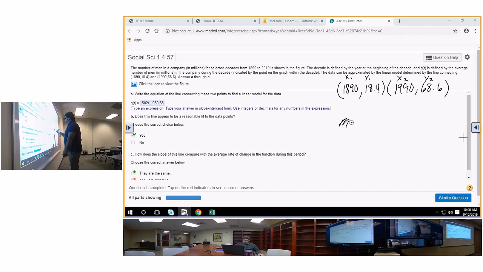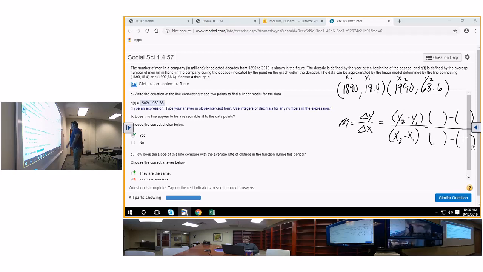M is equal to delta y over delta x, which is equal to y sub 2 minus y sub 1 over x sub 2 minus x sub 1, which is parentheses minus parentheses over parentheses minus parentheses. Y sub 2 is 68.6, minus 18.4, over 1990 minus 1890. I'll do the bottom for you.